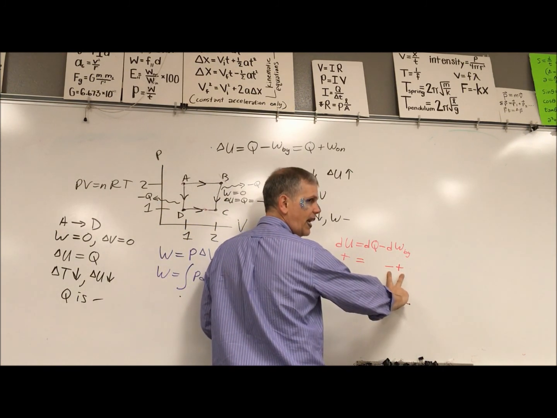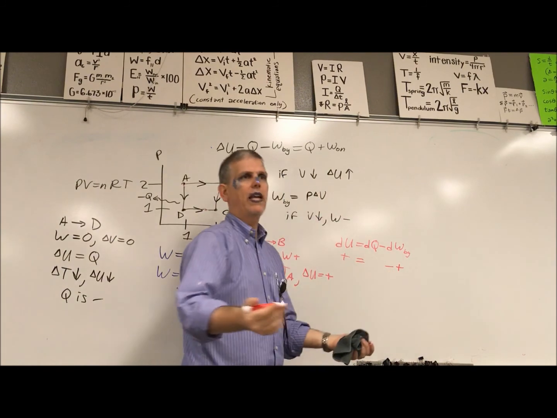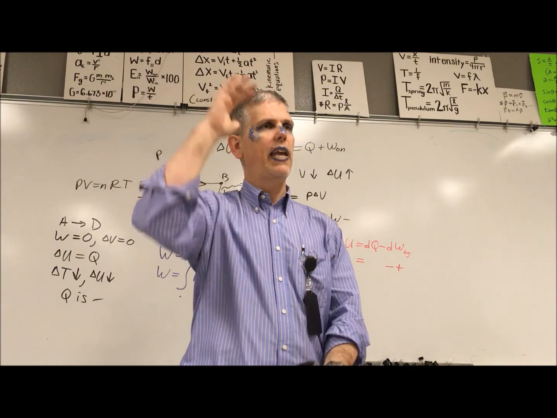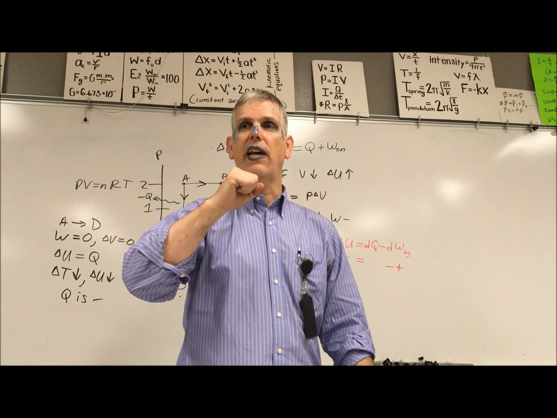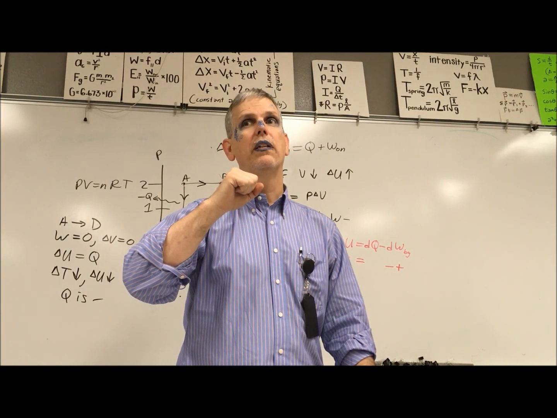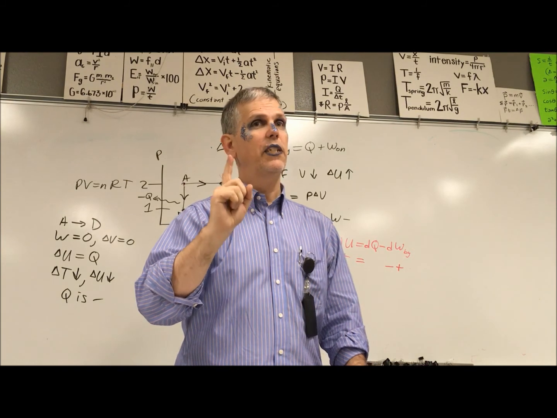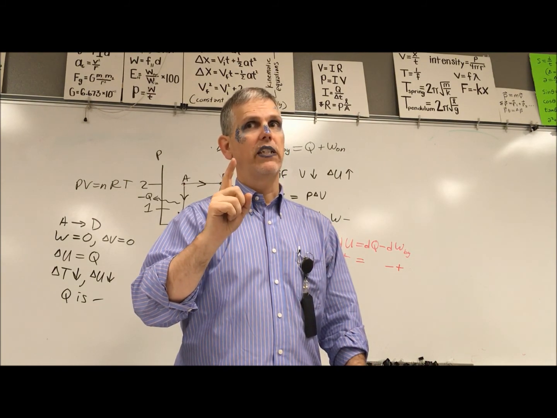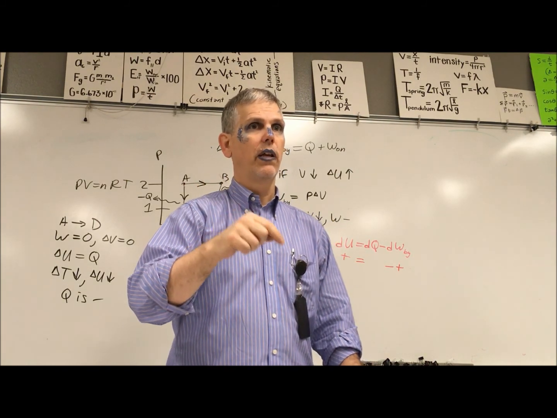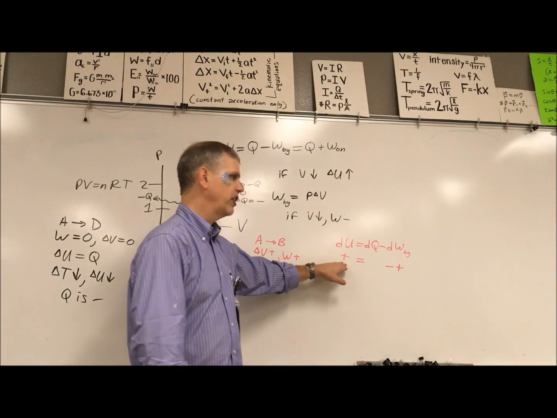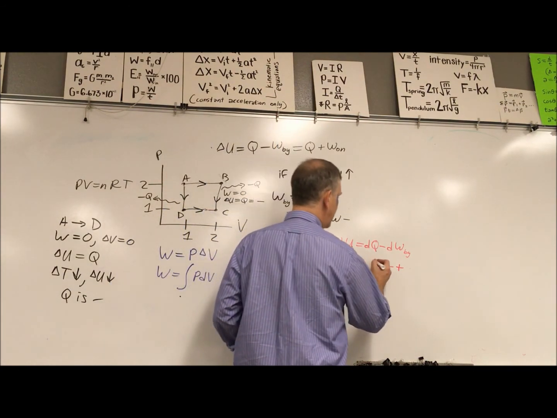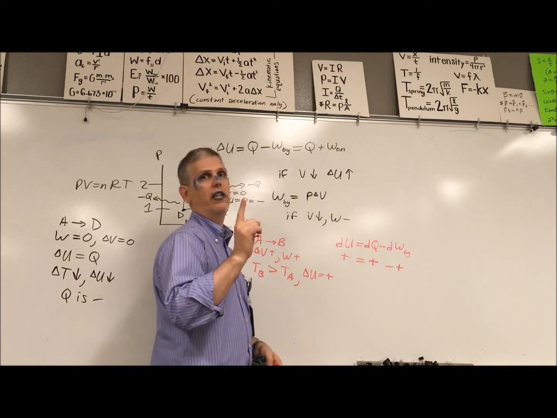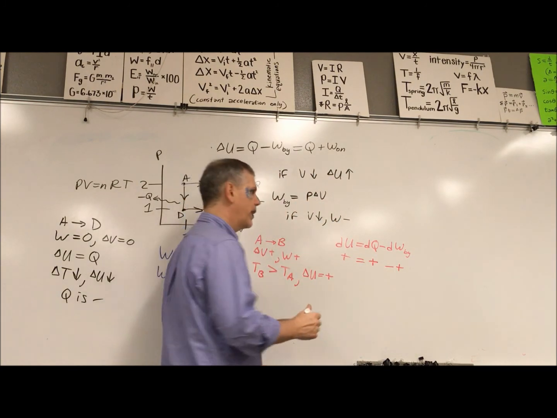So if this is a negative, why is it a negative? Remember, if you compress a gas and its temperature goes up, then when you expand a gas, its temperature goes down. So as it's expanding, its temperature wants to go down, but its final temperature actually went up, which means that dQ is a positive.